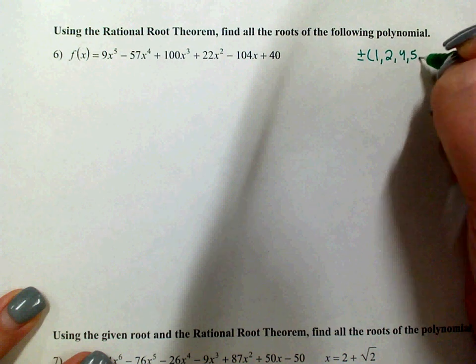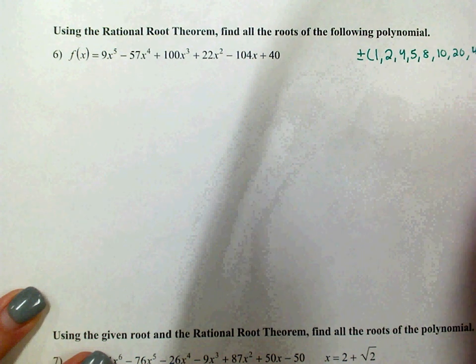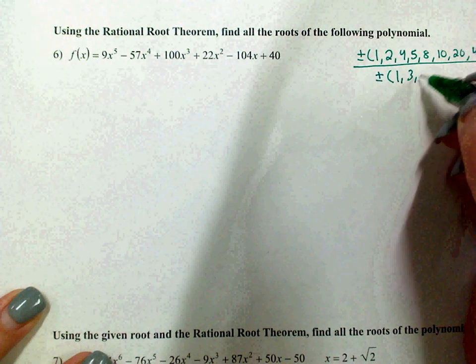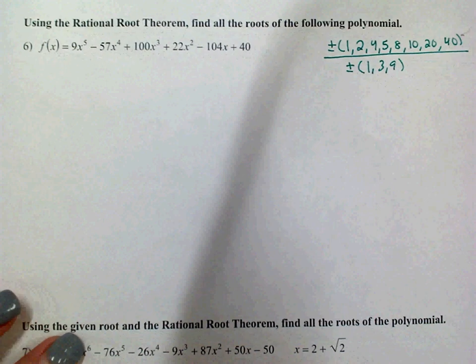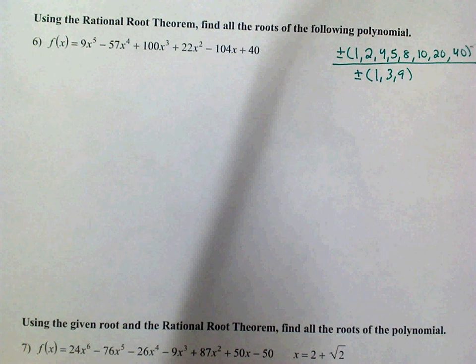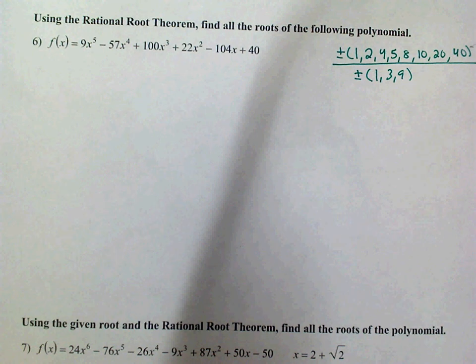All those divided by the factors of 9: 1, 3, and 9. I like 1, 3, and 9 because that tells me I have whole numbers, thirds, and ninths. So you have only these whole numbers, any thirds, 2 thirds, 4 thirds, 5 thirds, 8 thirds, 10 thirds, and then any ninths. So I'm probably not going to do a ninth, but anyway.